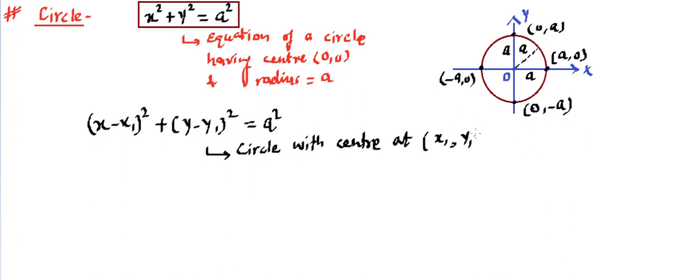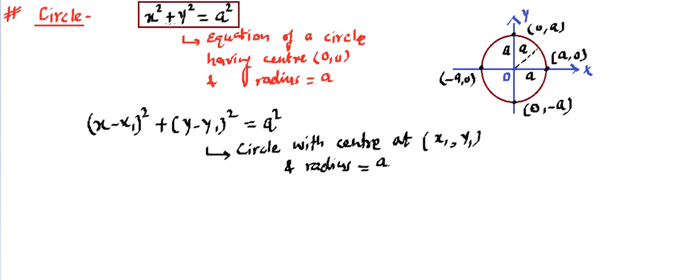So that means if something is subtracted from x and from y, those points become the center location, and its radius will remain the same. The radius will be equal to the square root of the quantity on the right side, so that's a. So that's a circle, right?